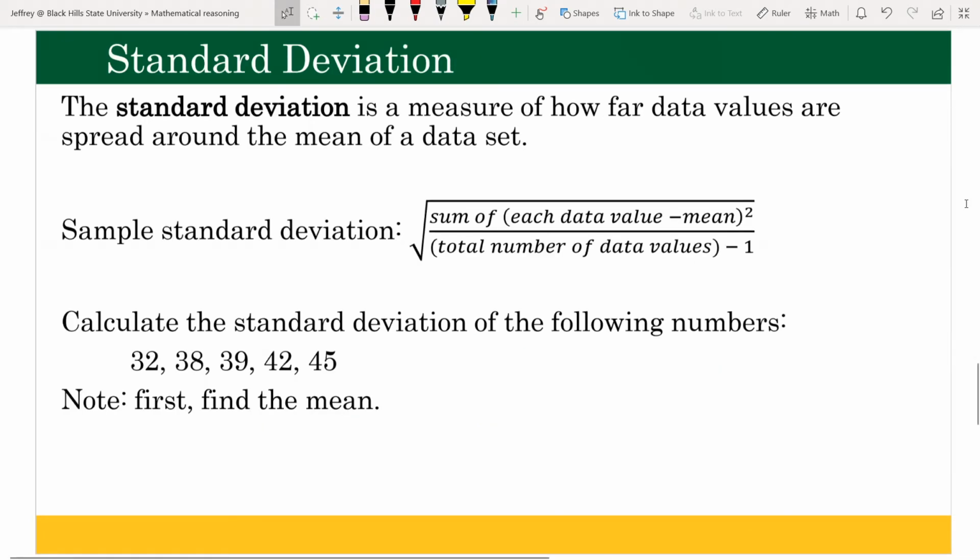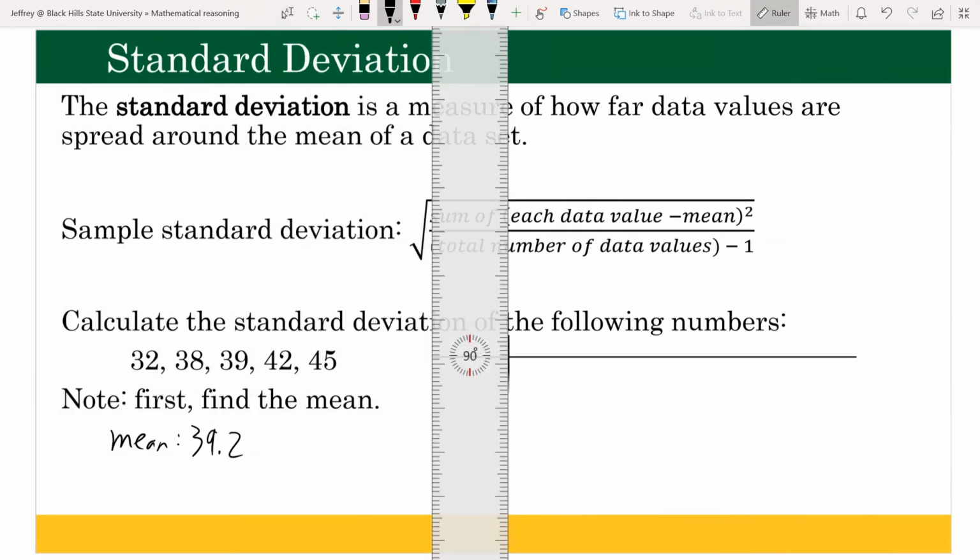The last way we're going to look at our spread is by looking at the standard deviation. Standard deviation is a measure of how far data values are spread around the mean of the data set. And we do this by using this formula. Now, this formula is a little bit hard to understand without looking at an example. The mean is 39.2.